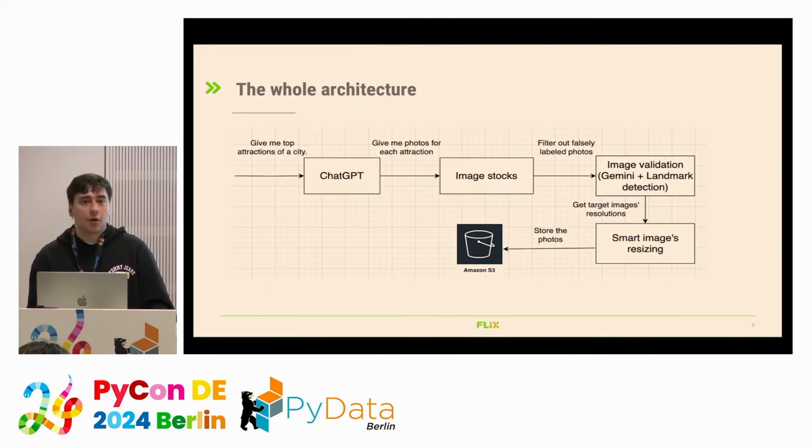So the whole architecture, let's revisit it. First, we ask ChatGPT for attractions per city. Then we go to our image stocks, which are currently 3: Pexels, Pixabay, and Wikimedia, extracting 5 images for each attraction.